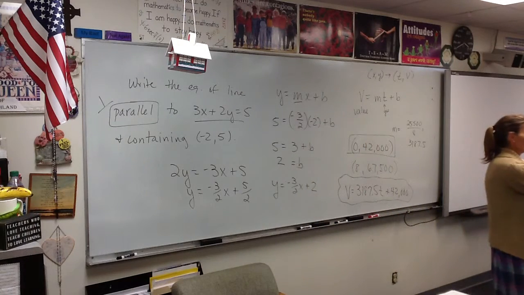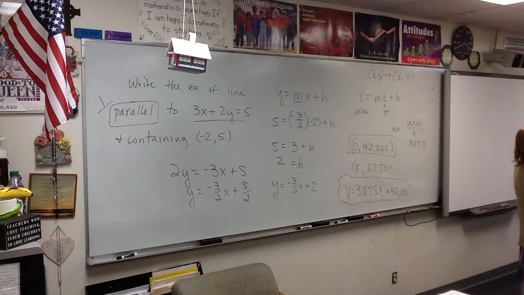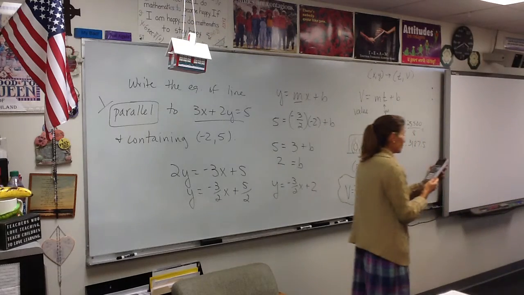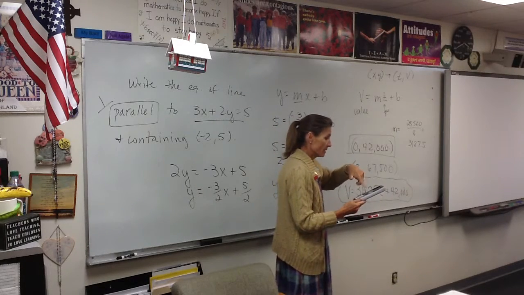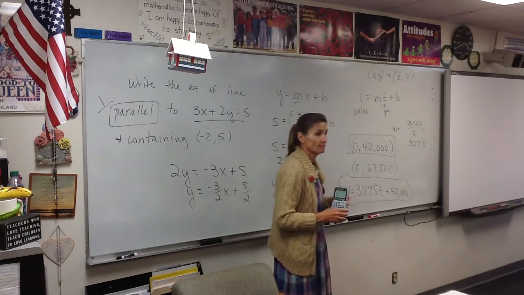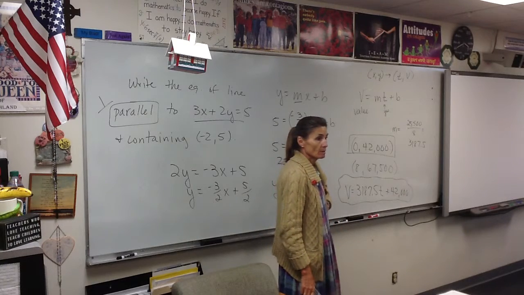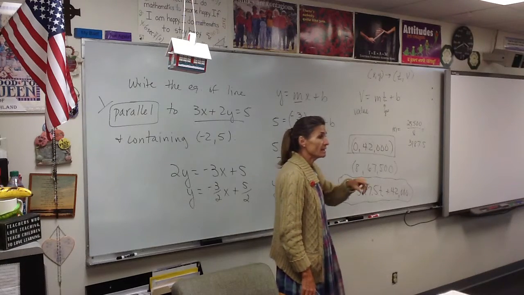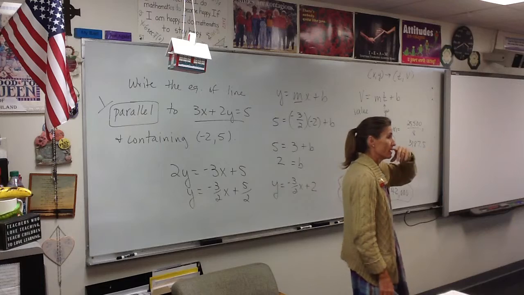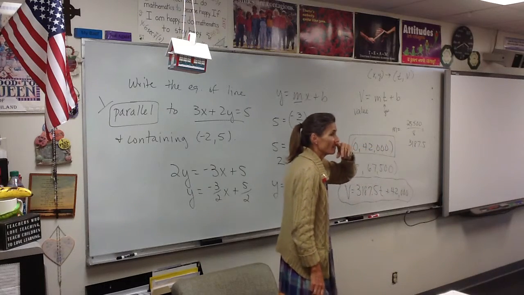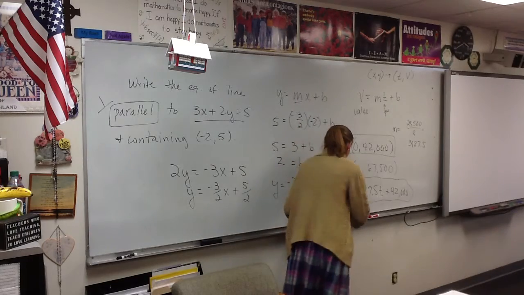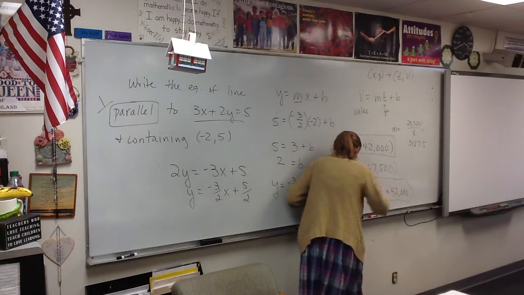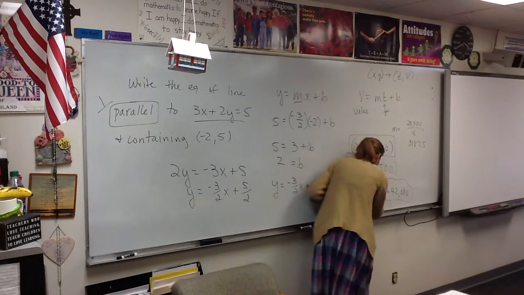It's in the second row, the second button over. So you're going to press 3187.5 and then X plus 42,000. If you can't get it, lean over to your neighbor and see if your neighbor can. But we've got to have our equation in. Everybody got it in? We're putting this equation into the calculator. That'll be a Y, and this will be an X.